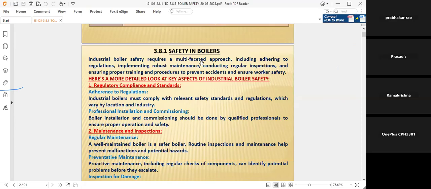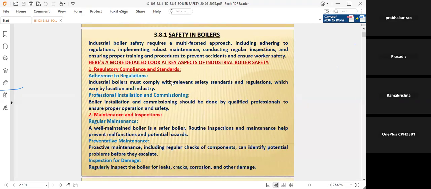Before going into the details of boiler safety, these are the key aspects of boiler safety. First is regulatory compliance standards, because whatever regulations and standards are there, we need to comply with what the organization subscribes and prescribes. The second is maintenance and inspection, which is part and parcel of boiler safety.